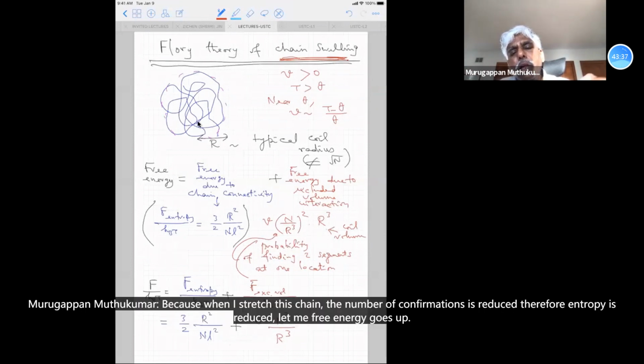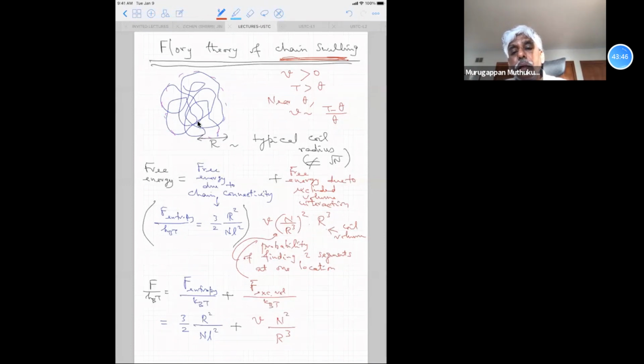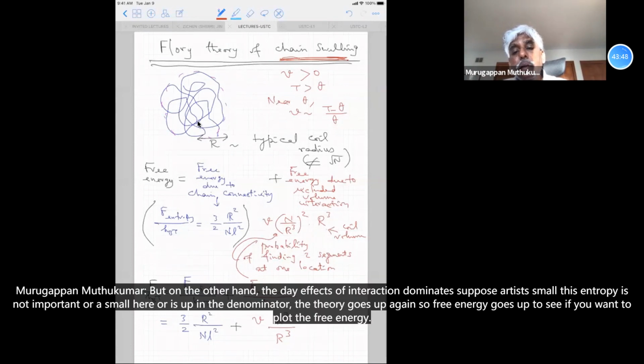When I stretch the chain, the number of conformations is reduced. Therefore, entropy is reduced, which means free energy goes up. But on the other hand, if excluded volume interaction dominates, suppose R is small, this entropy term is not important. Here, R is in the denominator, so the free energy goes up again.